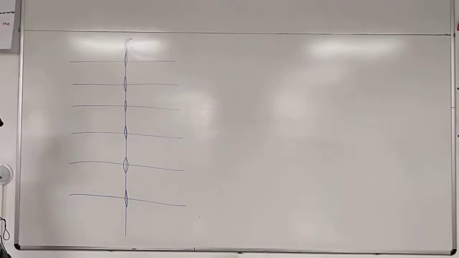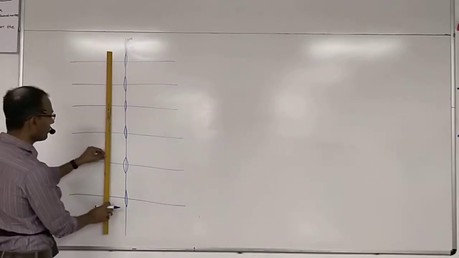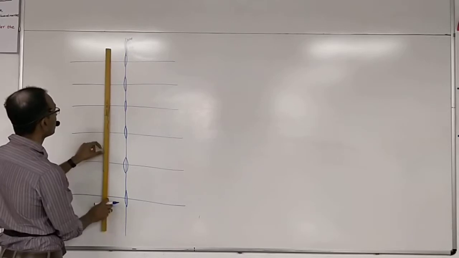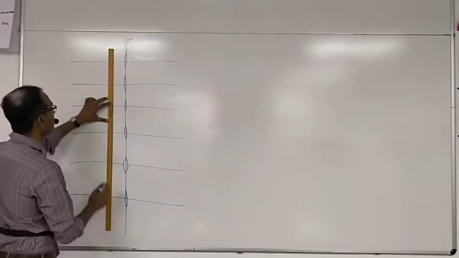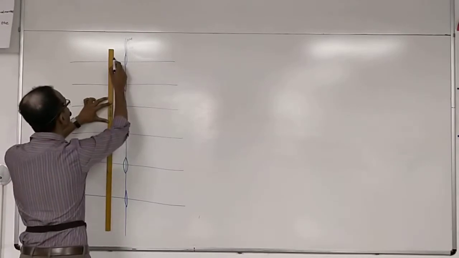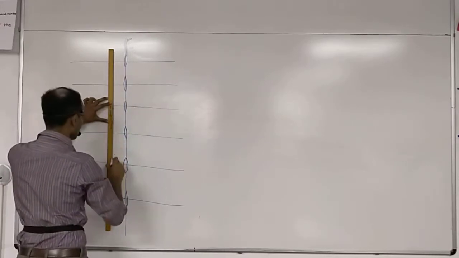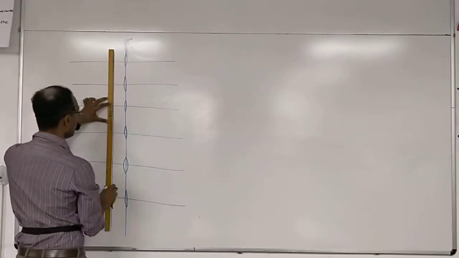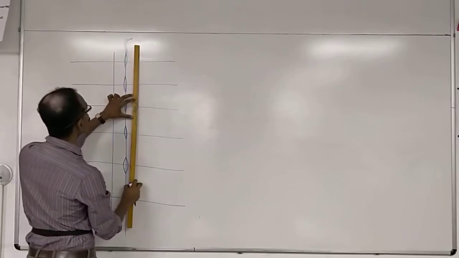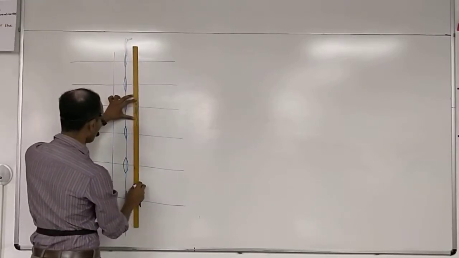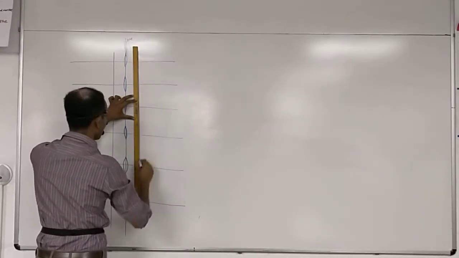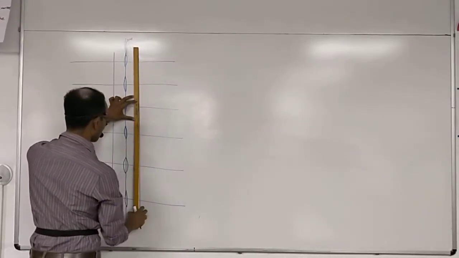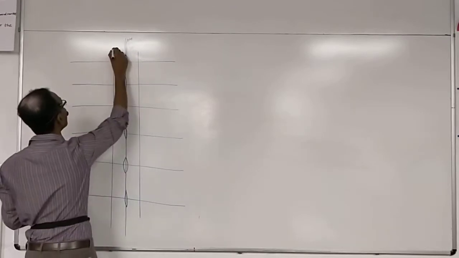Next what you do is, at some distance from the lens, draw a vertical line. This will represent the focus, first principal focus. Same distance on the other side of the lens also you draw one line. That will represent the second principal focus. So this will be f1.